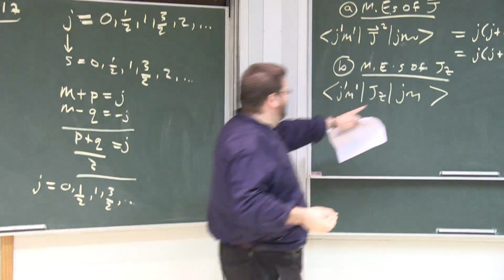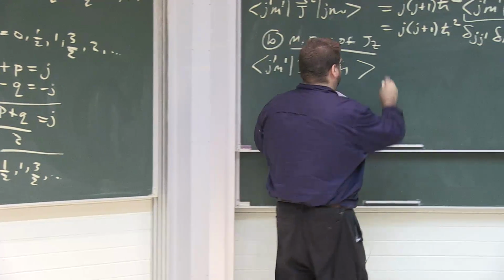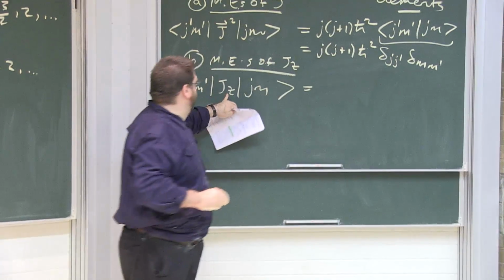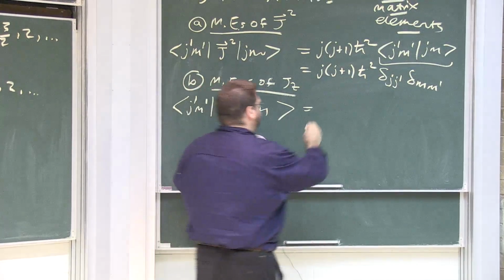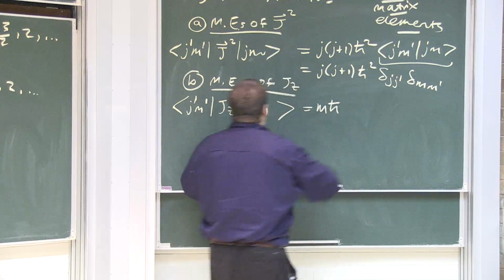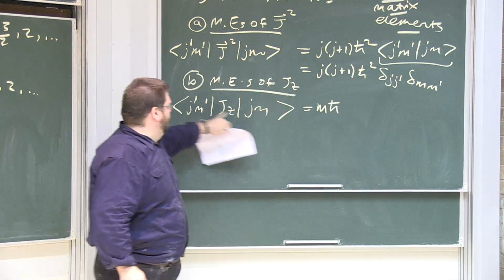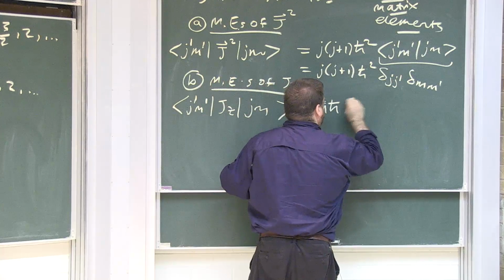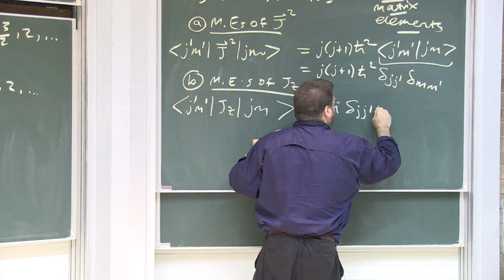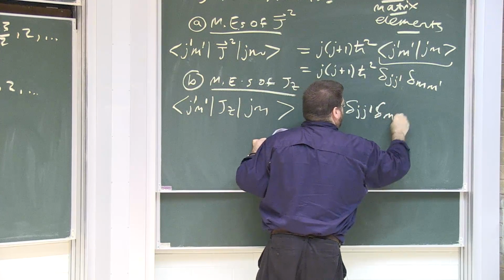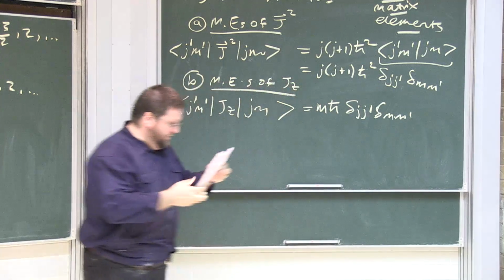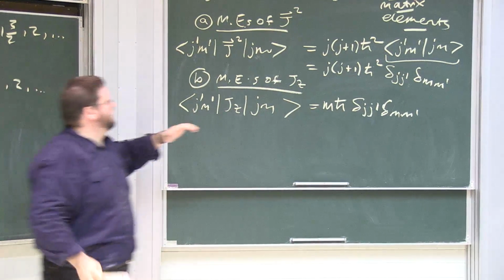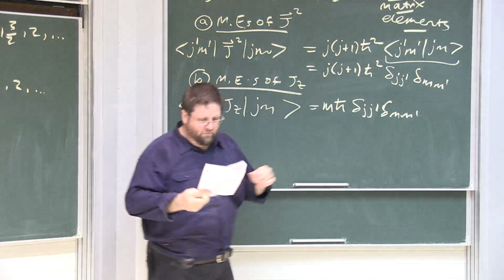We work this out. This is an eigenfunction of this, an eigenket more precisely. This is going to pull out mħ, which comes at the front. You're left with a bracket of j prime m prime and jm, which will give this again. Another diagonal matrix. These are equations 238 and 239 respectively.